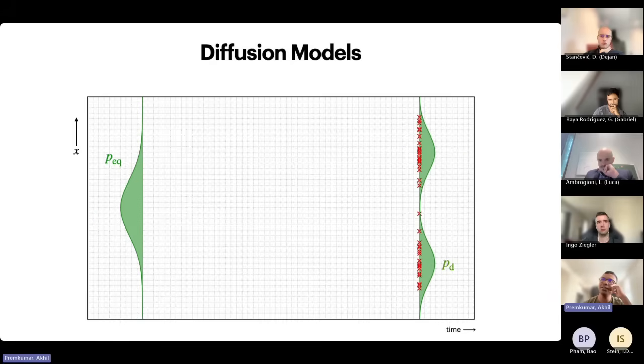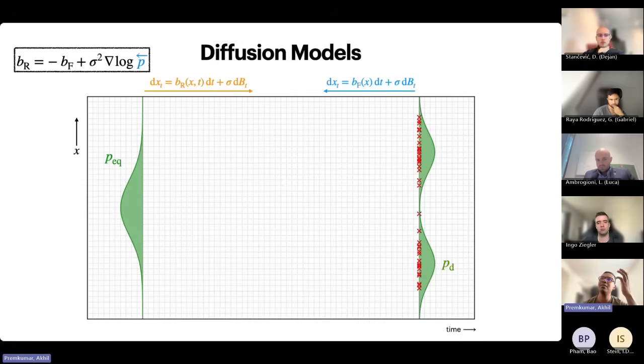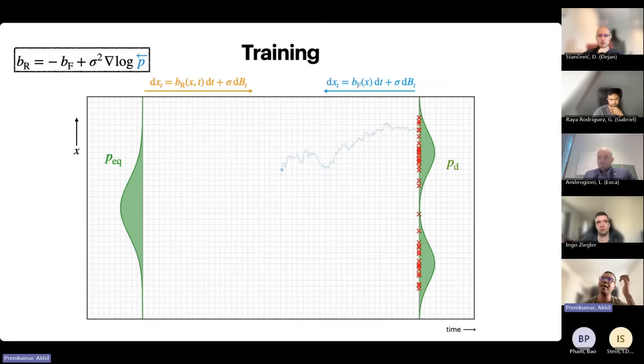The way you do this is, since we have access to these samples, we can do forward simulations of the process by running the forward SDE on the samples themselves. For example, I take a single point from P_D and subject it to the forward SDE, which is extremely cheap to simulate on a computer.